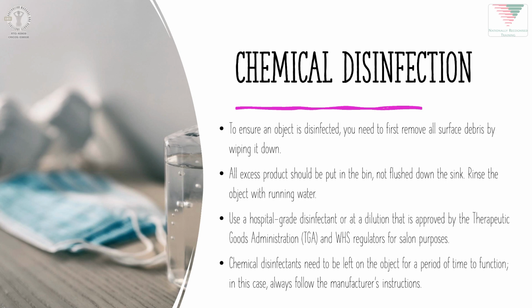Chemical disinfectants need to be left on the object for a period of time to function. In this case, always follow the manufacturer's instructions. Adapted from Dylan Webb's work in Victoria University's Student Resource Infection in the Salon, Student Guide 2004.